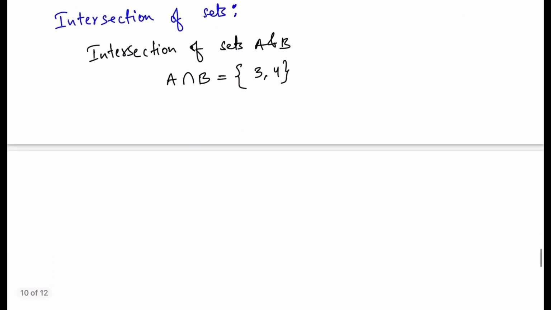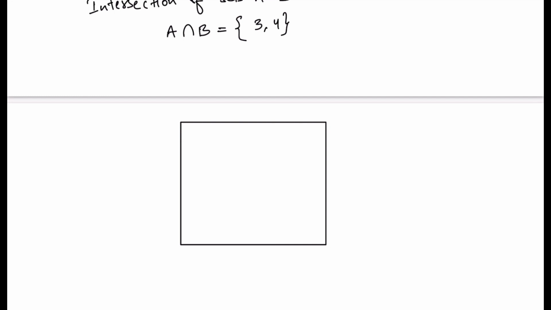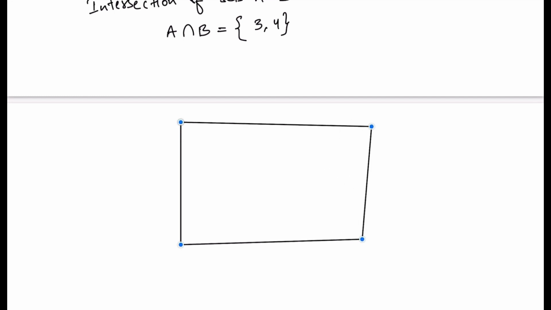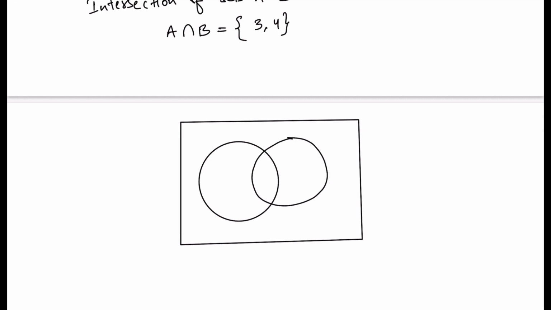Now we have to draw a Venn diagram for the intersection also. This is set A, this is set B. I have drawn this earlier.